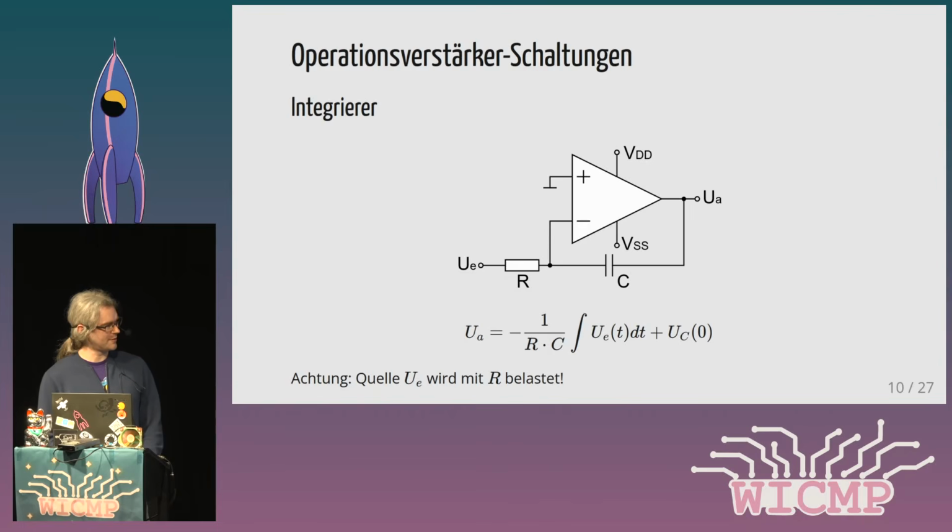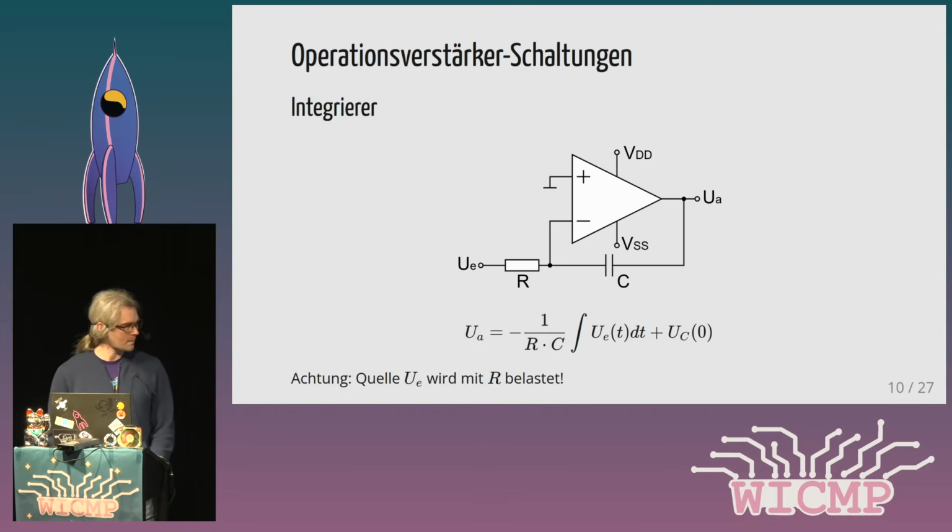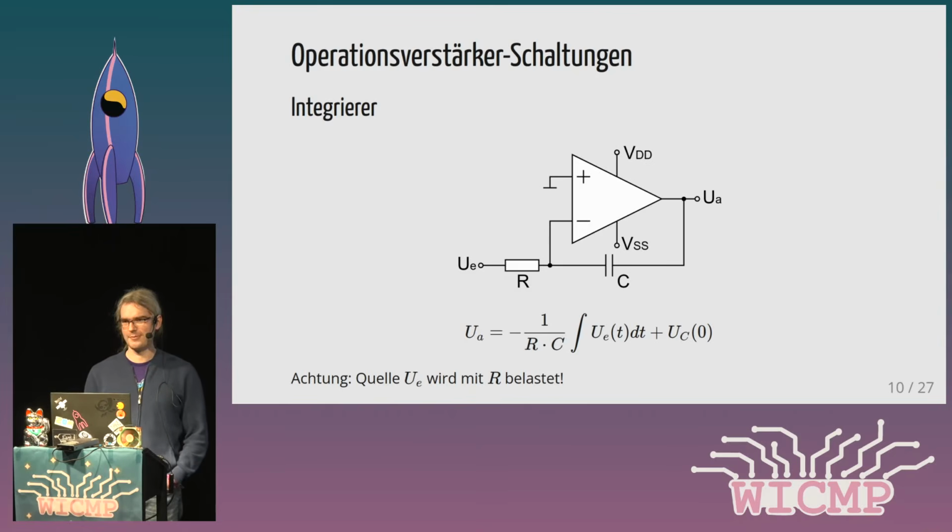And if the current is constant, the capacitor will be charged with a constant current. And if you charge the capacitor with a constant current, then the voltage rises in a linear fashion.